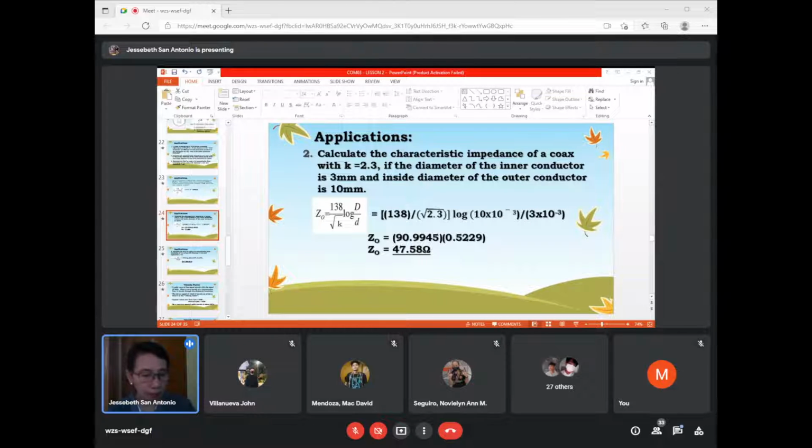But nevertheless, it can be asked to be computed, because the one who made the problem wants you to compute it. So, number 2, unlike number 1, is a direct substitution on the equation of the coaxial cable.